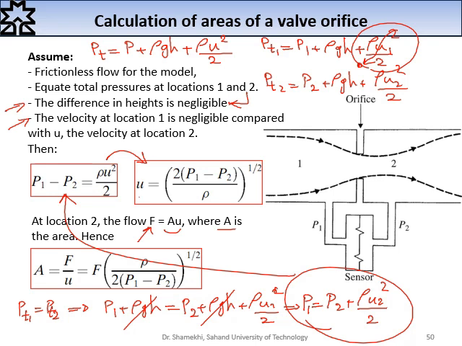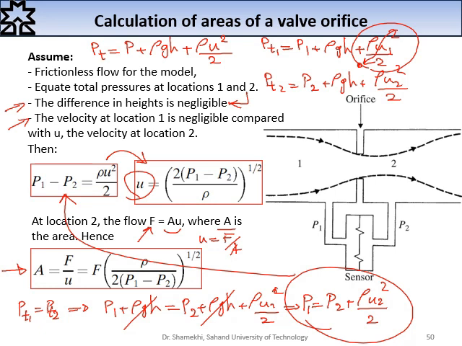We can replace the U by F divided by A. We can find this equation. As you can see now, we are able to calculate the area of a valve orifice here.